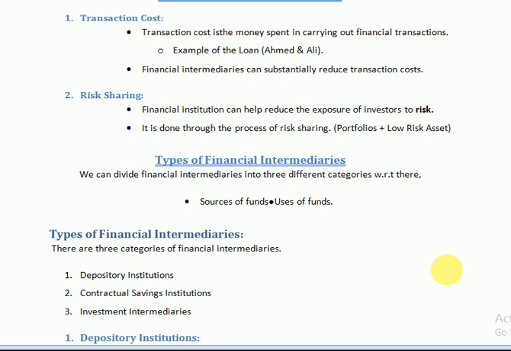We divided them on the basis of the source from which they generate their funds and the use for which they use those funds. So on the basis of these we divided the financial intermediary or financial institution into the following three categories.